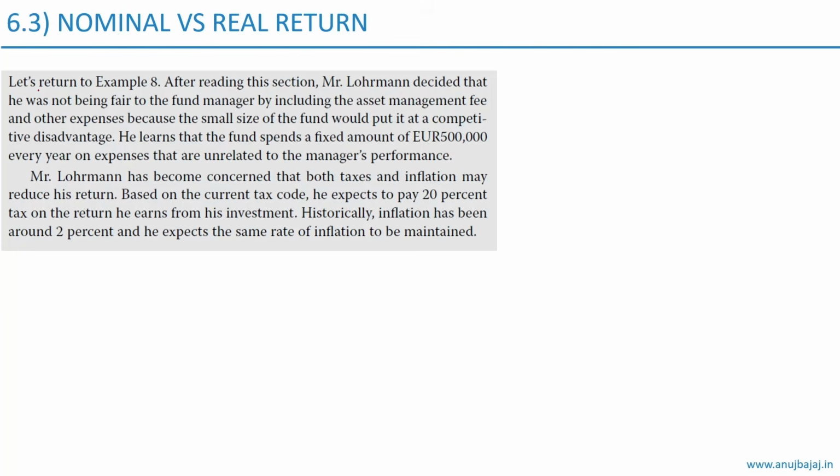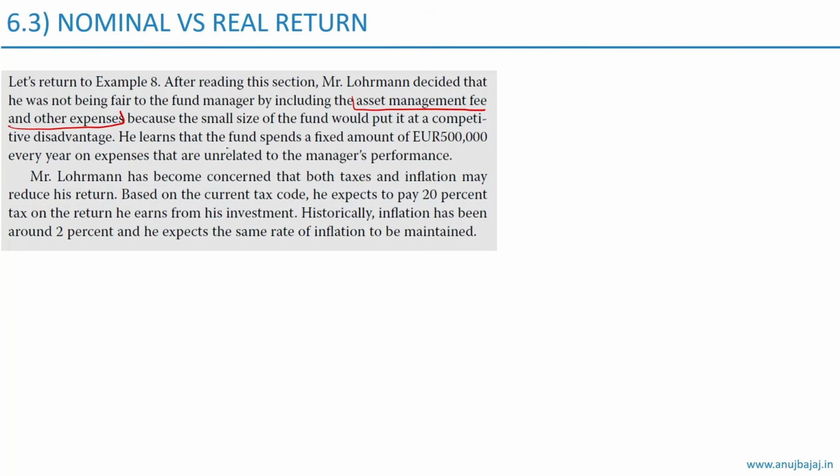Let us look at an example. Let us return to example 8. After reading this section, Mr. Lowerman decided that he was not being fair to the fund manager by including the asset management fee and other expenses because the small size of the fund would put it at a competitive disadvantage.